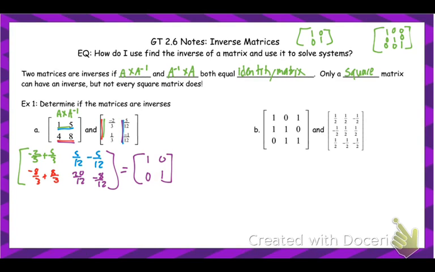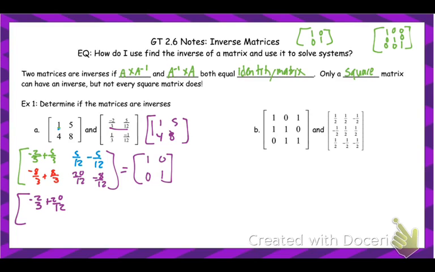So now I'm going to try the opposite way. I'm going to go A inverse times A. I'm going to go ahead and rewrite A, just because I think it's a little easier to see them in the correct order. All right, and again, I'm going to start row, column. So that's going to be negative 2/3 plus 20/12.